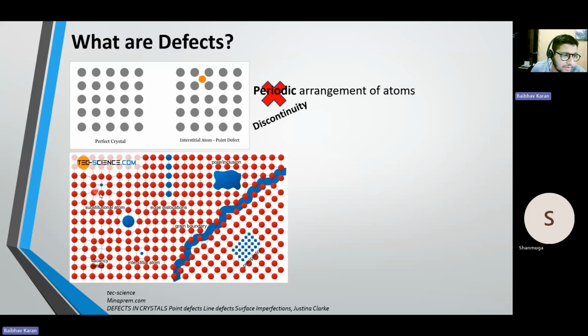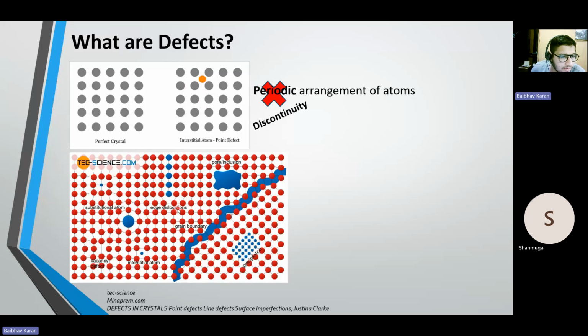This is something we'll look into later in this course. This creates a strain field, as you can see here. The bonds are not straight enough. Then there is a vacancy defect, where at one point the atom is missing, and another strain field is created around it. Then there are interstitial atoms, as you can see here. This is also creating a strain field. Here also an interstitial atom is creating a strain field.